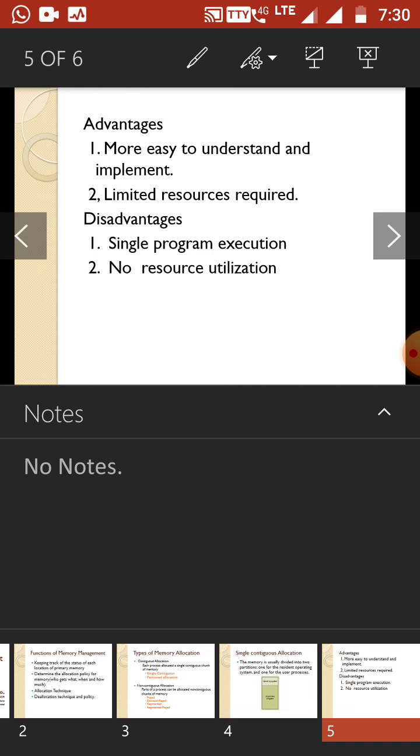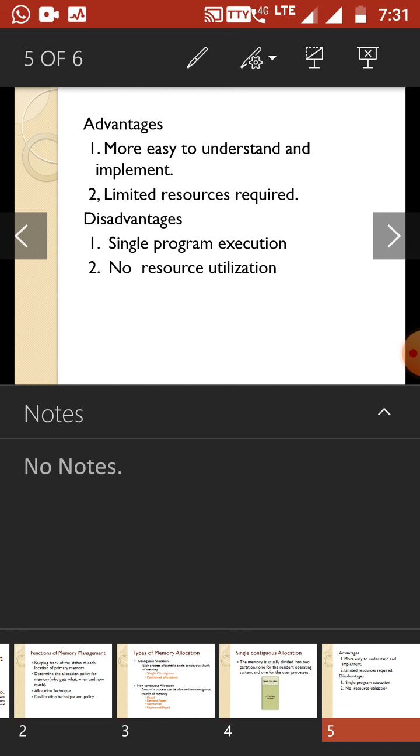The concept of single contiguous is very simple, so it is easy to develop in a programming language. This is the first advantage. Second, limited resources are required. Limited resources means only a fence register is sufficient, because the value the fence register contains separates low memory and high memory.